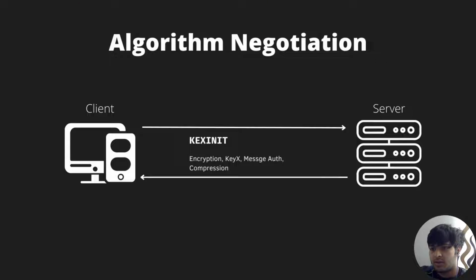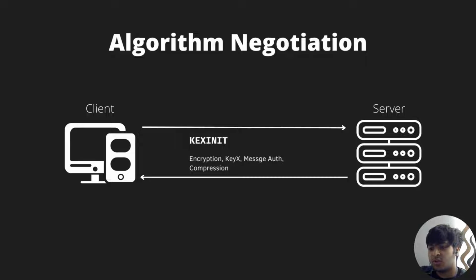The next step is algorithm negotiation, which means that both the client and server will negotiate to come up with the key exchange, encryption, message authentication code, and compression algorithms. The client sends the key exchange initialization message where it tells the server about its supported algorithms.